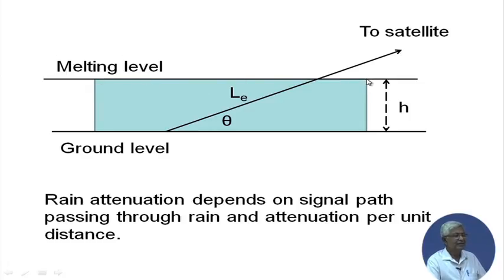Below that it will be higher temperature. This is very ideally shown, actually this height varies, but generally the thumb rule is about 4.5 kilometers to 5 kilometers vertically up. This is the melting layer or 0 degree isotherm, people call it different names.